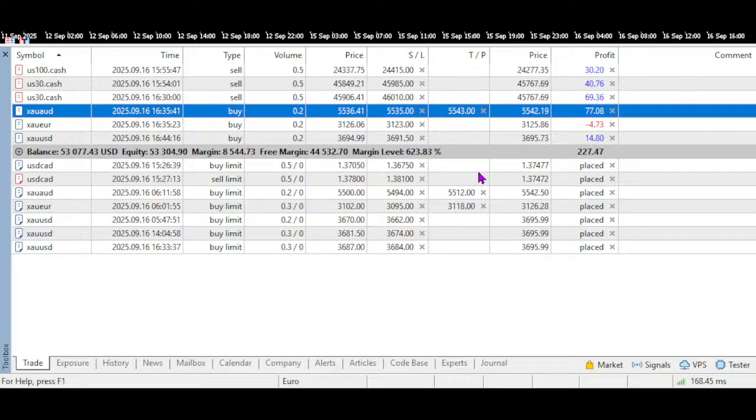See, it was very, very fast, the price came down from 98 to 95.